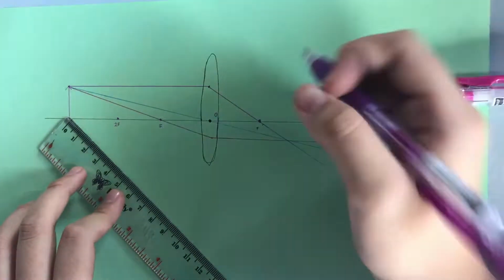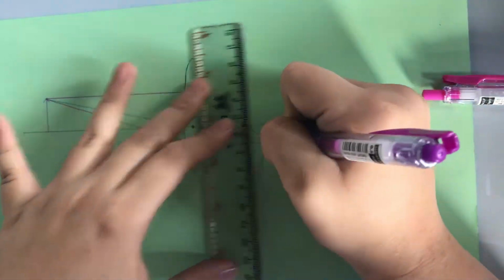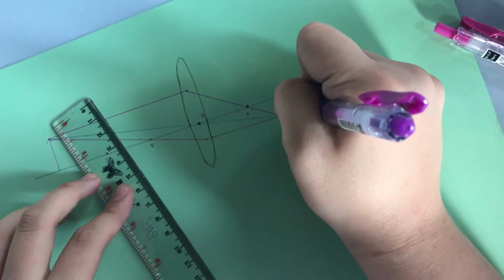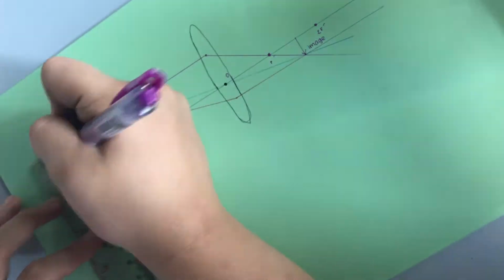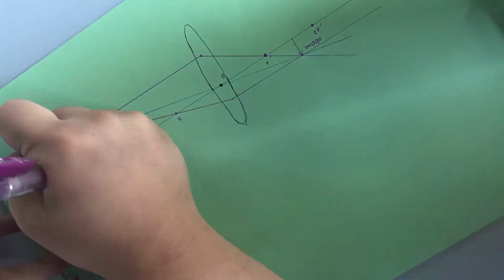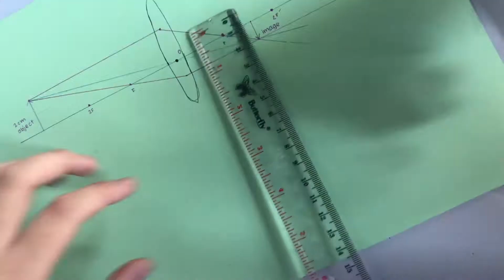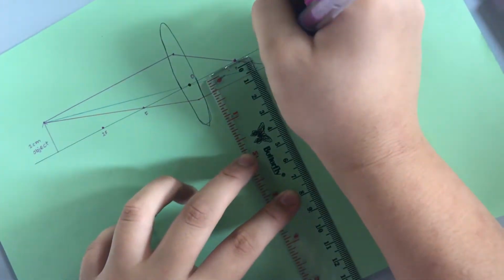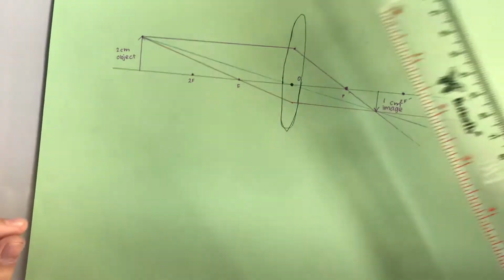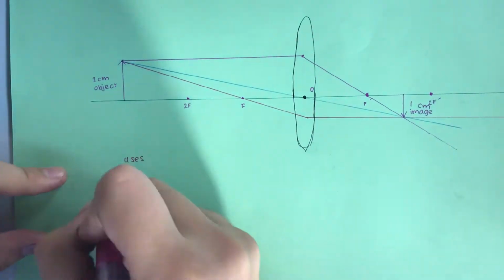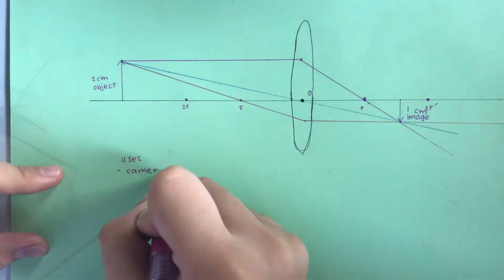The second line goes directly through the middle, straight. And the third one goes through the focus and then parallel to the principal axis. There you can see the image, the point where the image can be seen.